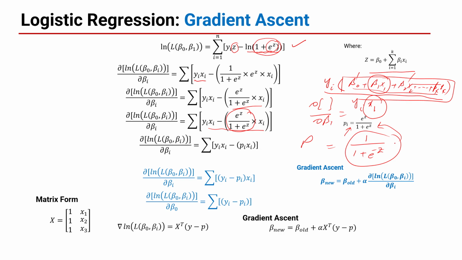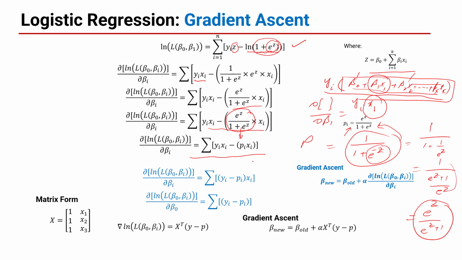Let me show you again how. If you see 1 over 1 plus 1 over e power z, in terms of positive, because this was negative, taking the LCM, this is going to be 1 over (e power z plus 1) over e power z. Taking the inverse, it means e power z over e power z plus 1. So this is also the probability, the sigmoid function, or you can say the probability p(xi).